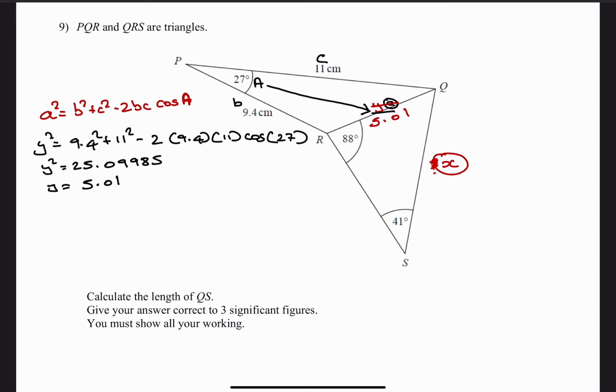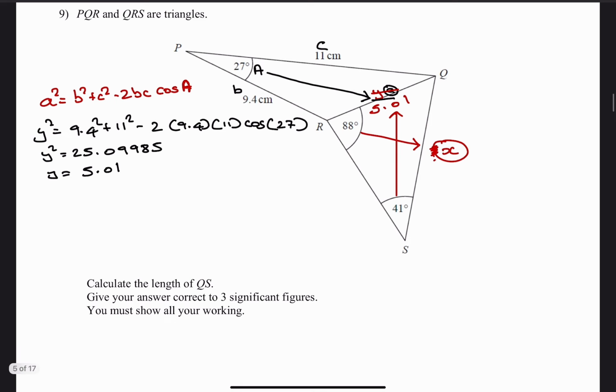Remember, now I've done this cosine rule. Now it's a sine rule. I've got an angle 41 and I've got this 88, that's the side. So how is the sine rule going to go? Look, sine, pick the angle 88 over the side x. What's the other angle? Sine 41 over how much? 5.01.